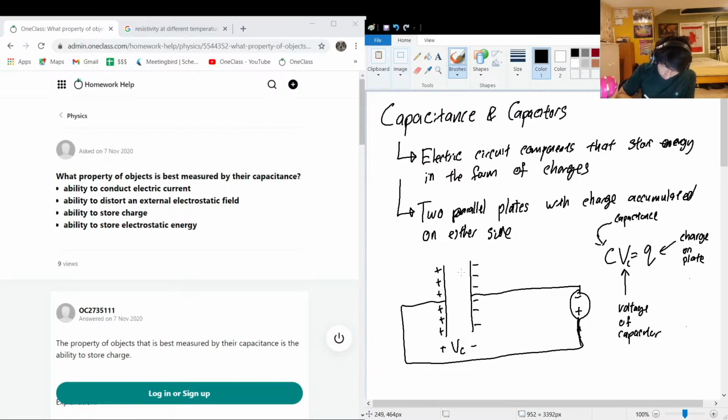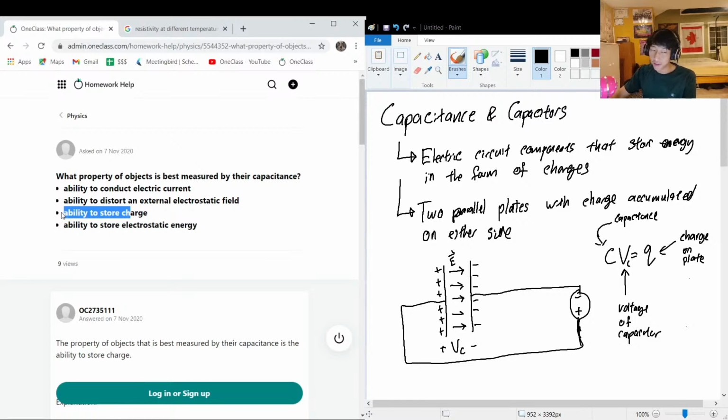So the electric field would build up to look like this. So that's the E field. So this is not really the case, because it could distort an external electrostatic field, but that's generally not the reason why we use capacitors. We generally use capacitors because they store energy in the form of charge.